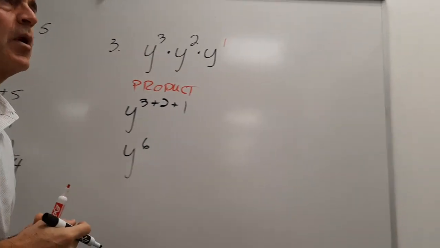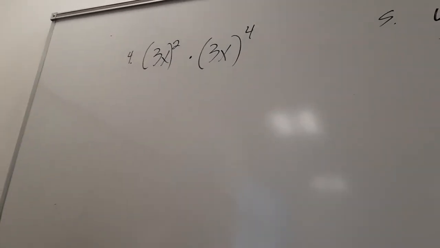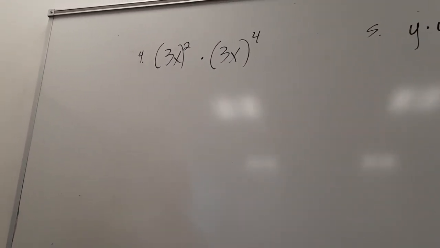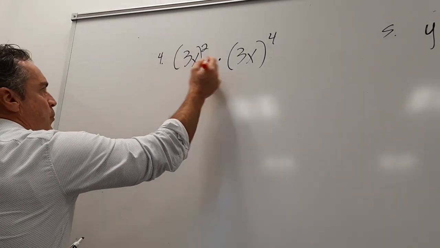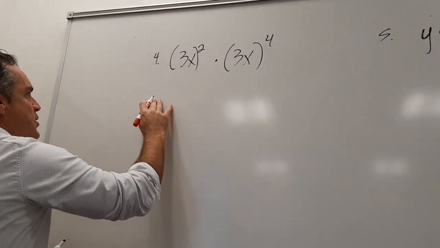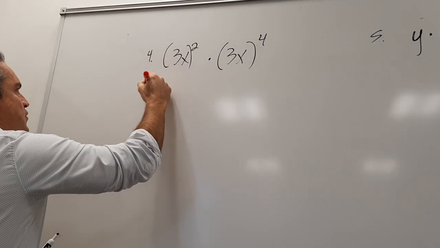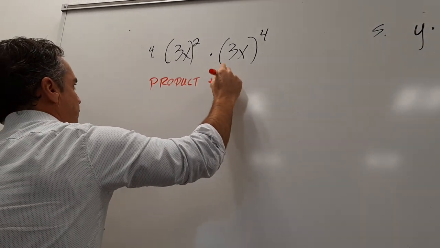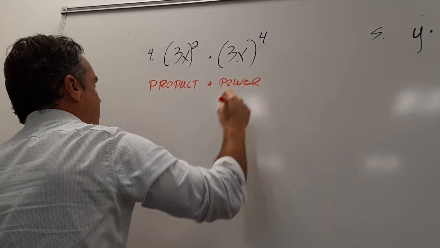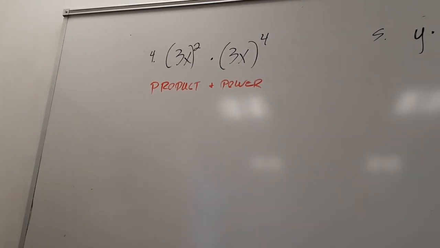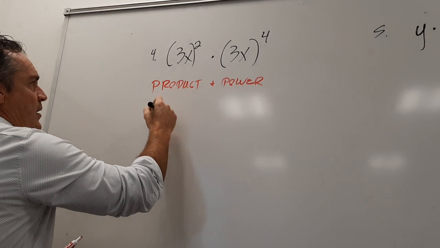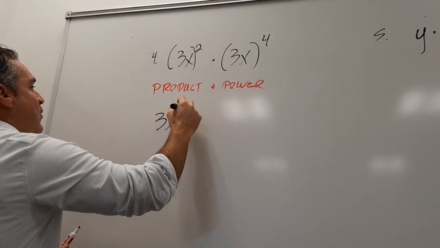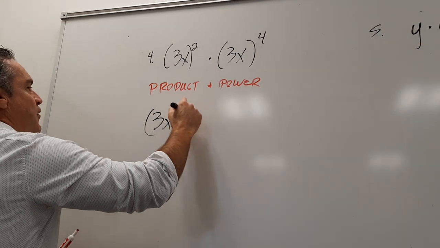Okay, our fourth problem up here. This is interesting. This can actually be construed 2 ways. We have parentheses being raised to greater powers. And so this is going to be both the product and the power rule. I'll tell you how it's the product rule. Right now, we have the same base of 3x, and 3x is being raised to the 2nd power, and it's being raised to the 4th power.